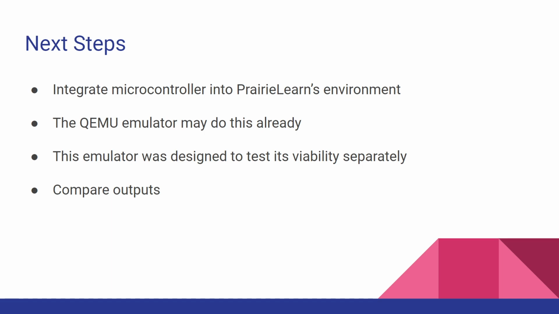Finally, the biggest thing to be done with this is the comparing of outputs. As we saw in the previous videos, the outputs of code run on the emulator are either printed to the console or a text file, depending on what configuration is used with the script or done manually. This is done, for example, as we saw, by the user generating the code and then executing the script.